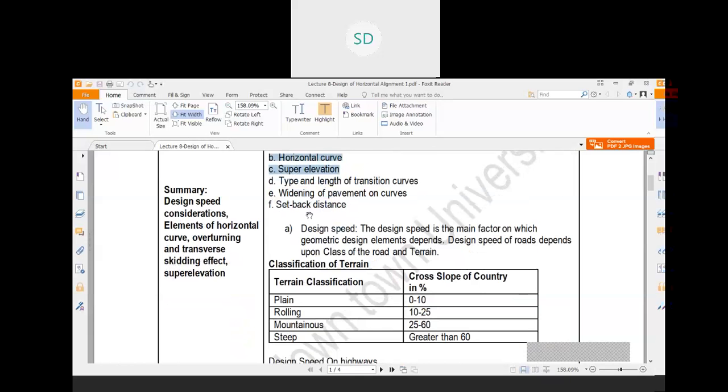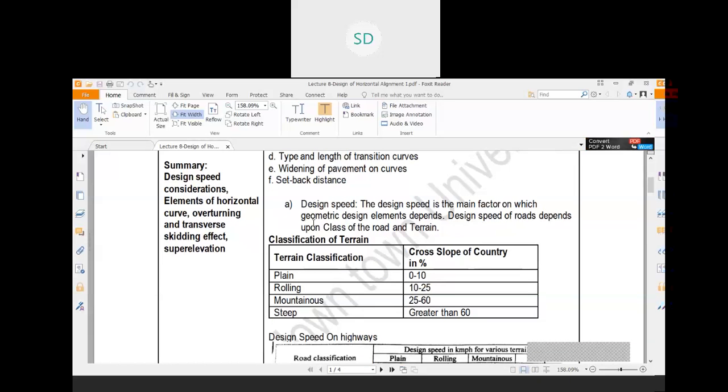Now, design speed is the speed which is considered for the design purpose. Before the design speed consideration, this design speed varies with the different terrain classification. In our previous classes also, we have discussed different terrain conditions like plain terrain, rolling terrain, mountainous terrain, and steep terrain. Basically, these terrains indicate the geographical condition of an area.